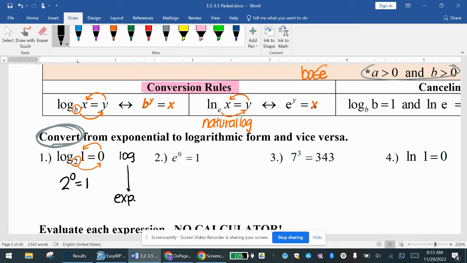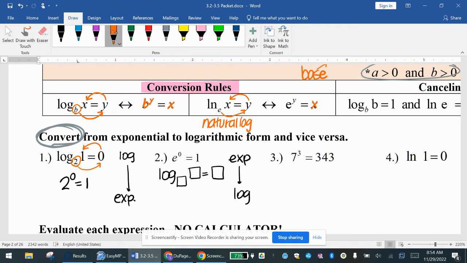All right, the next one is exponential. We need to rewrite it into logarithmic. So these tend to be, not always, but tend to be a little bit harder to do. So what I would recommend is already set it up, leave 3 spaces, one for the base of the log, one for the argument, and then your equal sign.